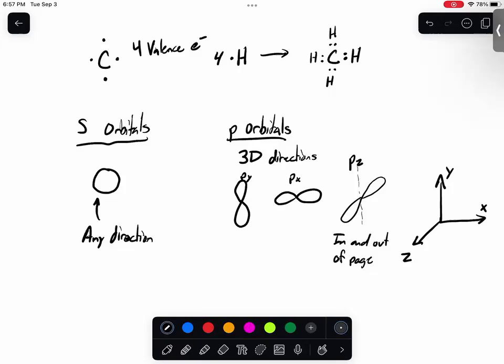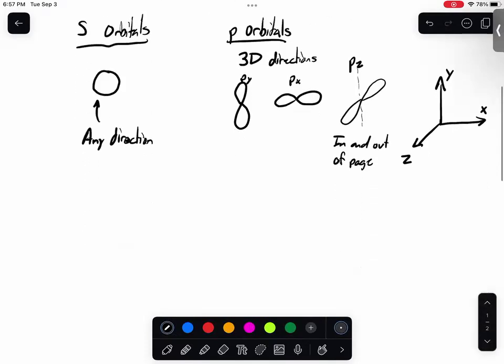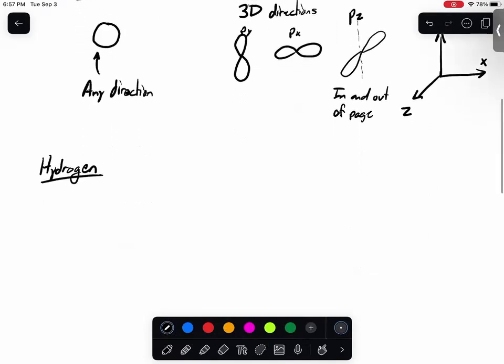And the thing is, all atoms bond using these orbitals. So if we take a look at hydrogen, for example, hydrogen is a very simple case. It's the first element on the periodic table. And so when we're thinking about where that one electron is on the hydrogen, it is in what is called the 1s orbital. 1s is just the very first and smallest orbital that we have.